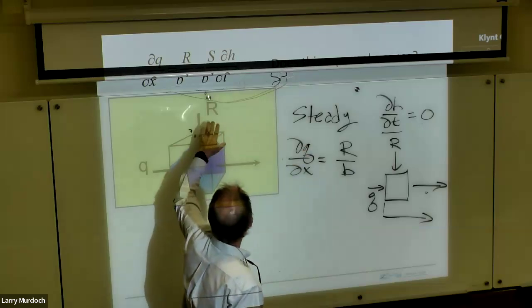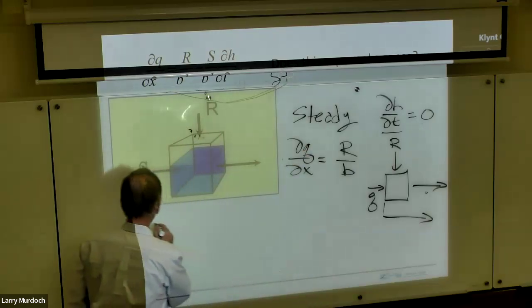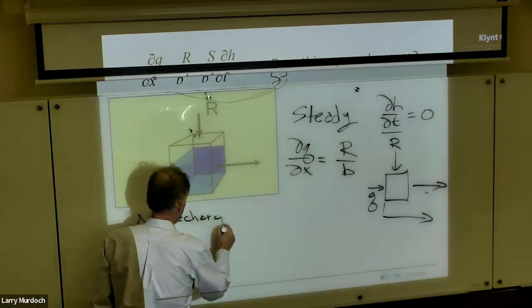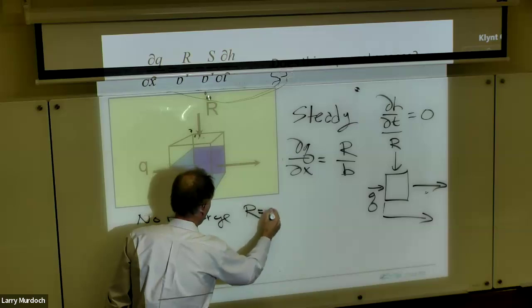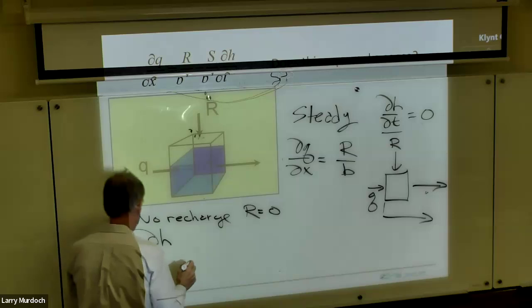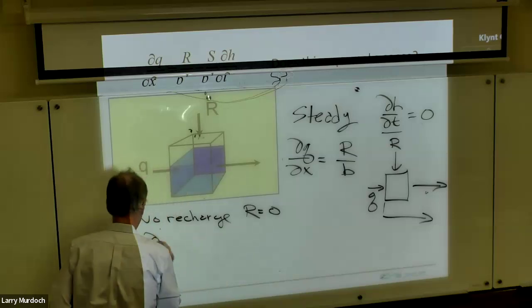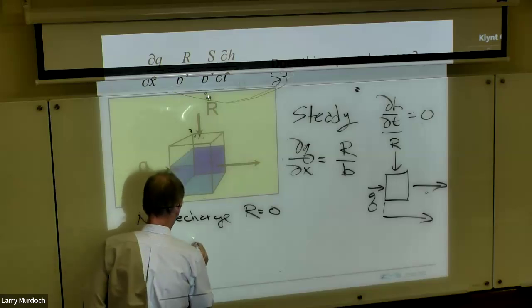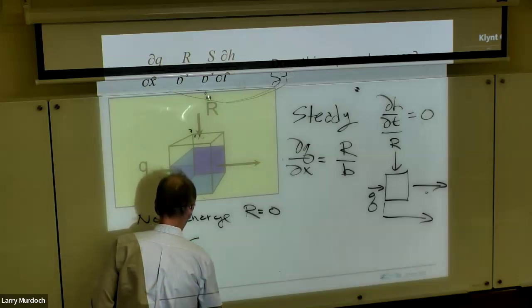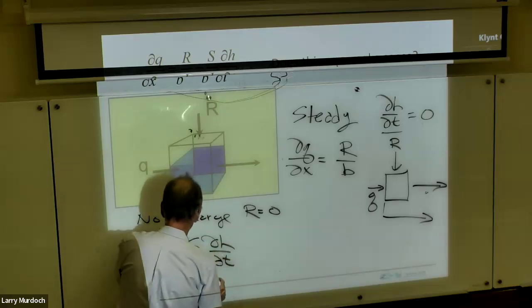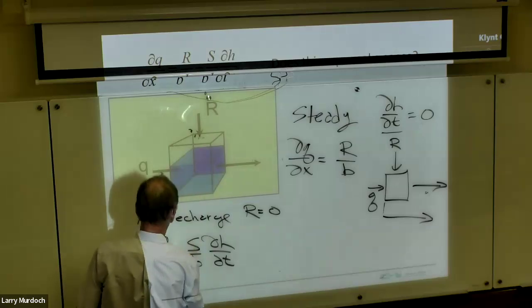All right, so let's say there's no recharge. This would be the other case. So if that's the case, there's a minus sign right there, right?